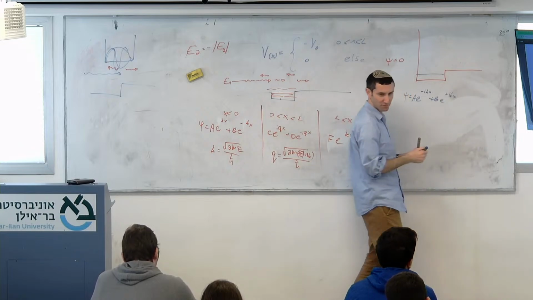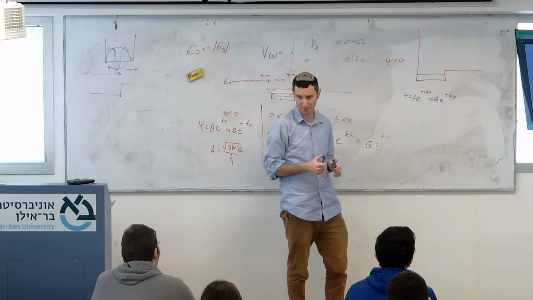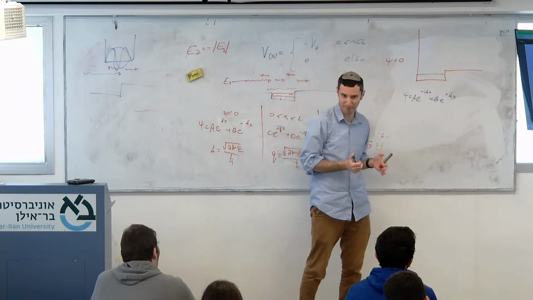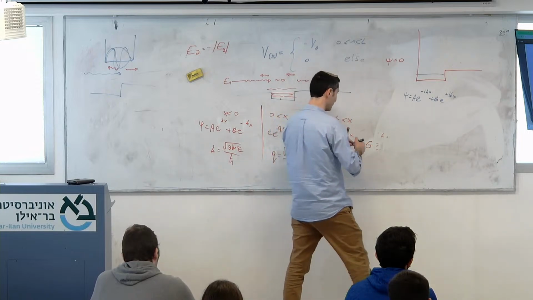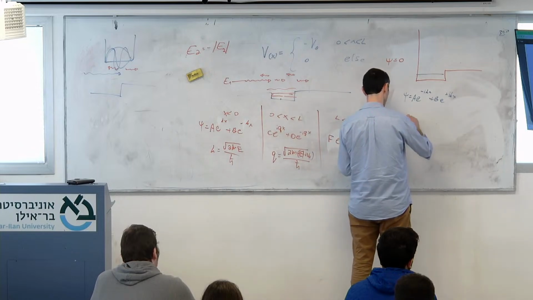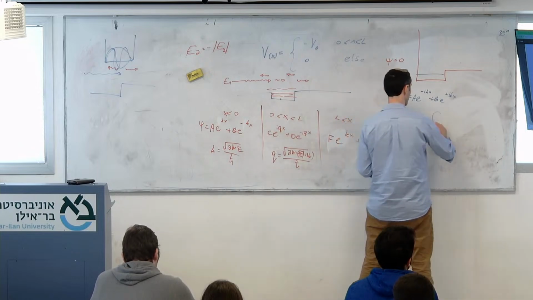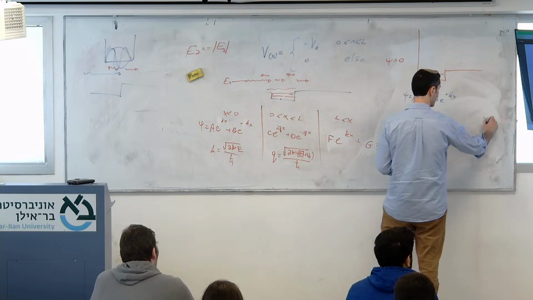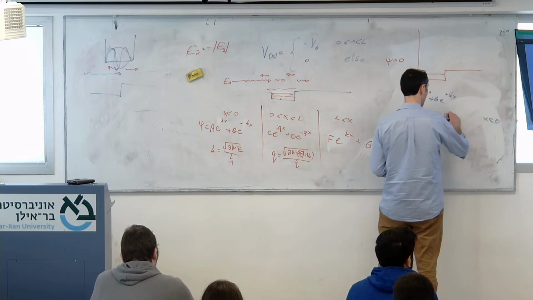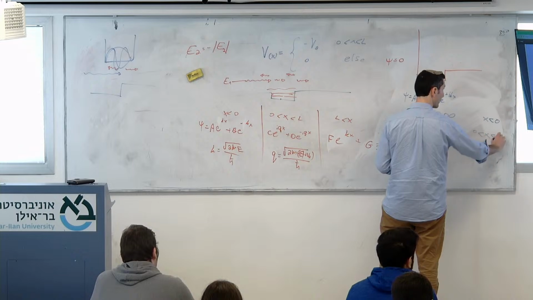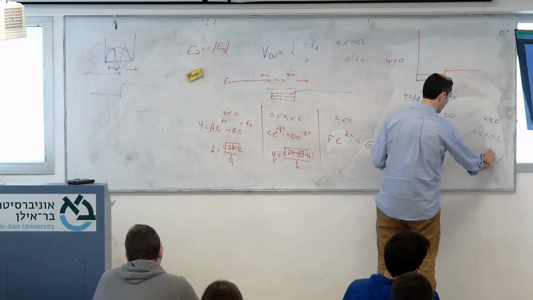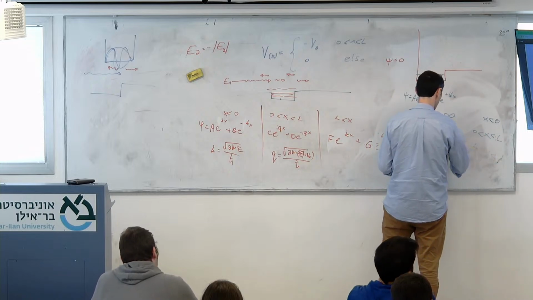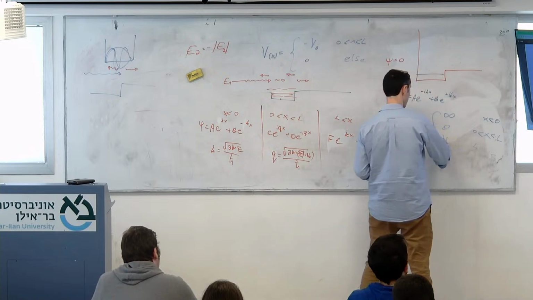And here I'm going to have a decaying exponent. This is the solution that I'm expecting. So first, let's write what V is. V of x is, if x is smaller than 0, it's infinity. If x is between 0 and L, it shall be 0. And if x is bigger than L, it's going to be a positive V naught.